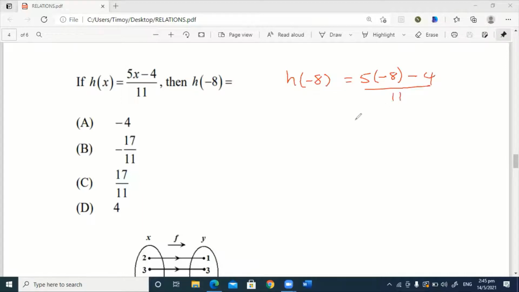All you need to do is to follow your order of operations and simplify. So 5 times negative 8, that's going to give us negative 40 minus 4 over 11. And negative 40 minus 4, that's going to give us negative 44 divided by 11. And negative 44 divided by 11 will give us negative 4.